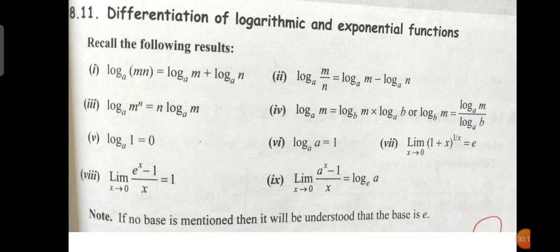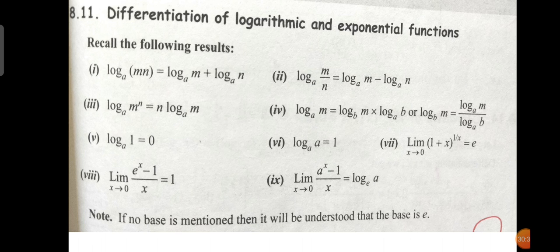Log of m raised to n is n log m, and log of m to the base a is log of m to the base b into log of b to the base a. Or log of b to the base m is log of a to the base m by log of b to the base a.